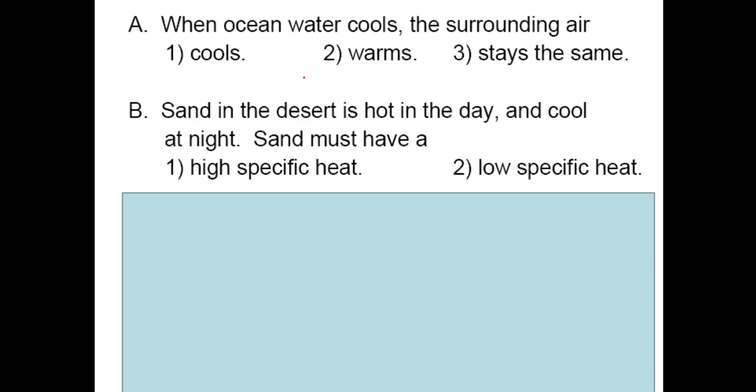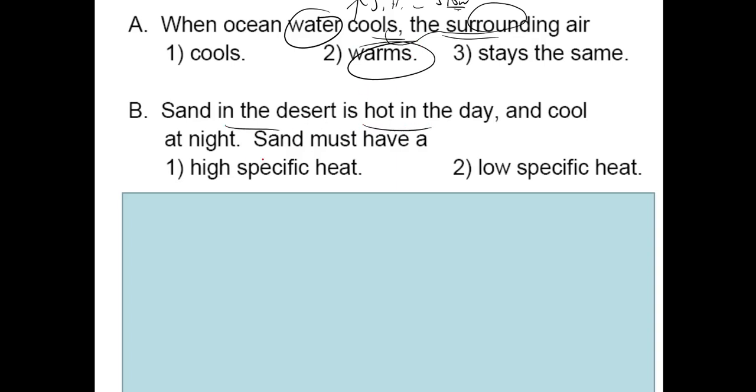So here we have to apply the concept of low and high specific heat. Ocean water has a high specific heat, so therefore it's going to be pretty slow in changing temperature because there's a lot of energy that needs to change. The surrounding air, as the ocean cools, is going to warm up because it's going to receive the heat energy.